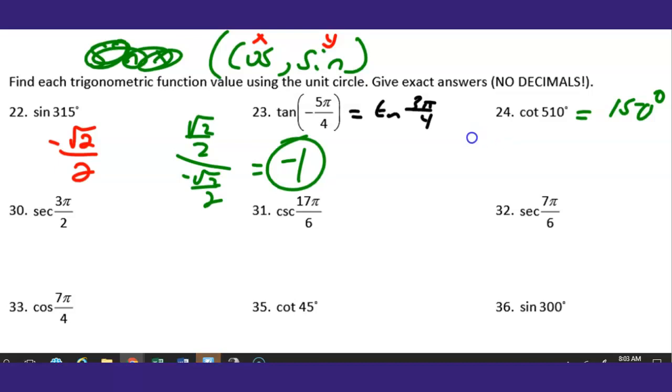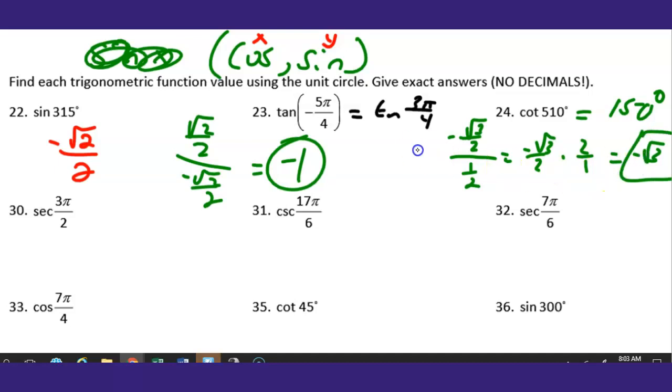Well, if you remember, cosine is negative radical 3 over 2, and then sine is 1/2. All right, so we keep, change, flip to get negative radical 3 over 2 times 2 over 1. This gives us negative radical 3.